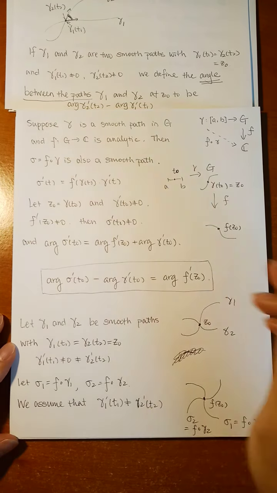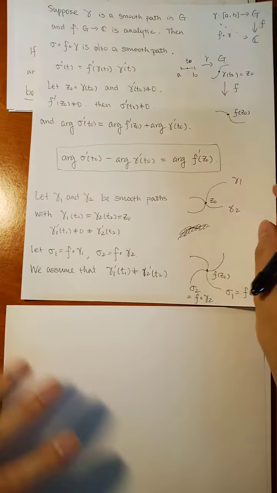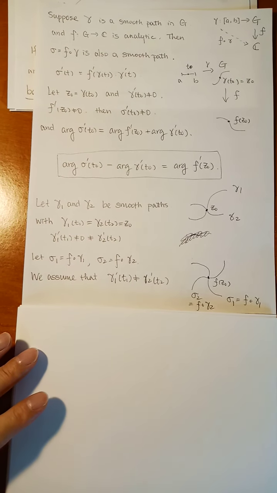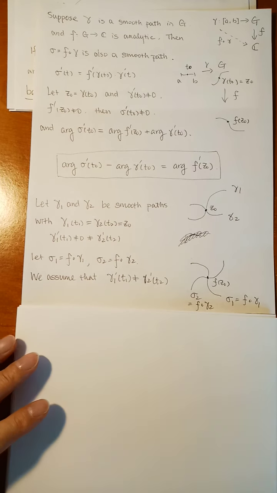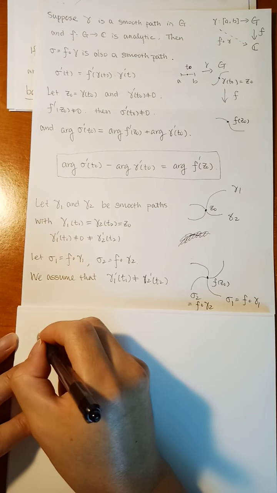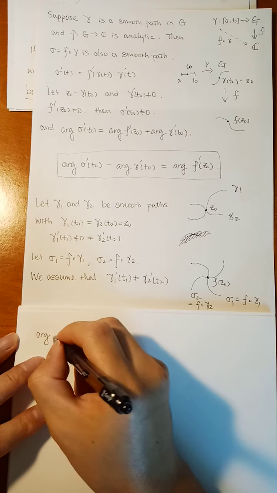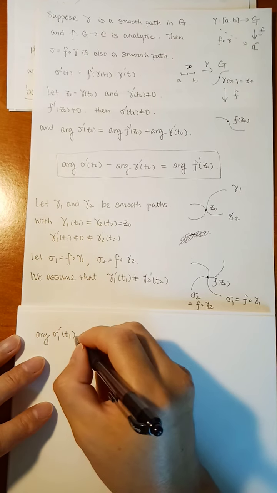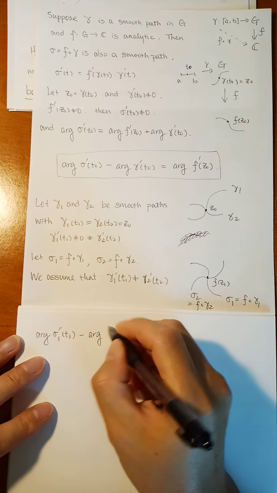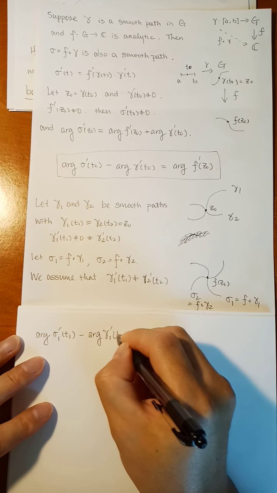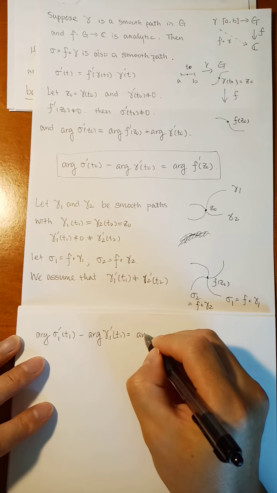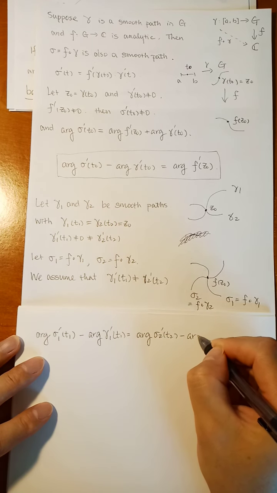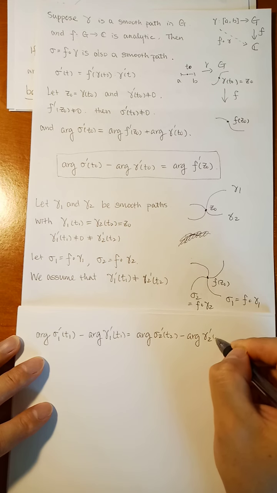Then what do we have? We just apply this observation. We get argument sigma 1 prime of t1 minus argument gamma 1 prime of t1 is equal to argument sigma 2 prime of t2 minus argument gamma 2 prime of t2.